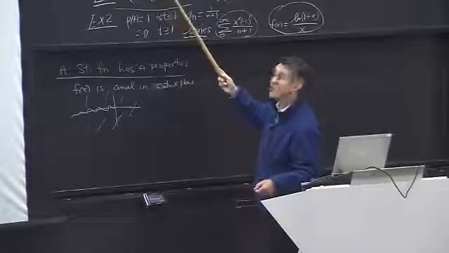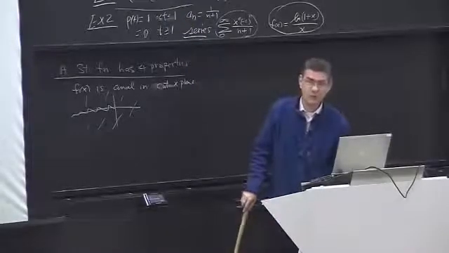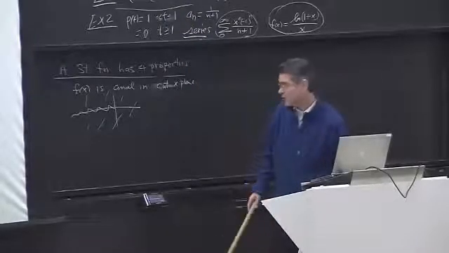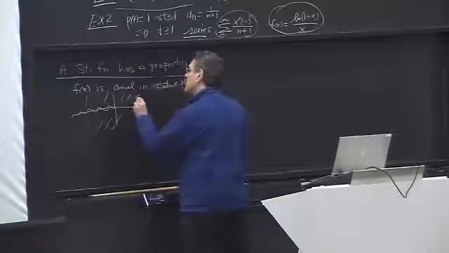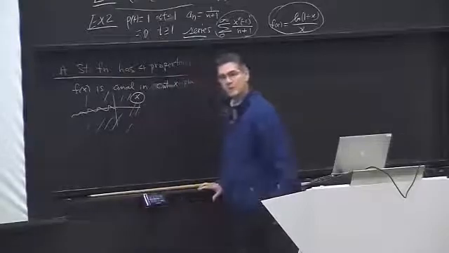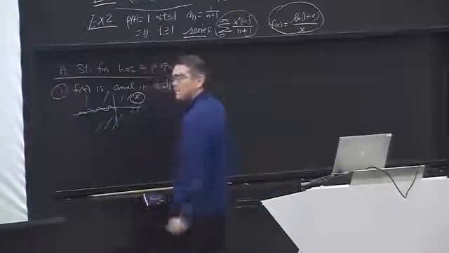So the denominator is 0, so the integral doesn't exist. That's all. But there's never any other problem. So everywhere else in the complex x-plane, this function is perfectly okay. So that's property 1.